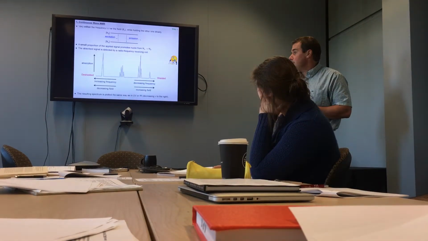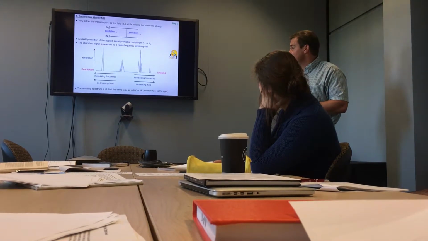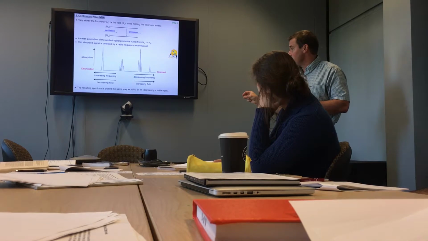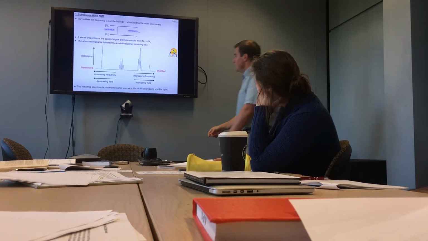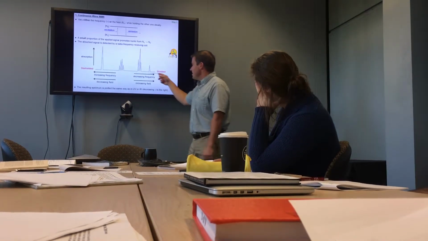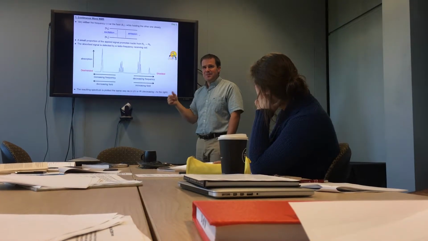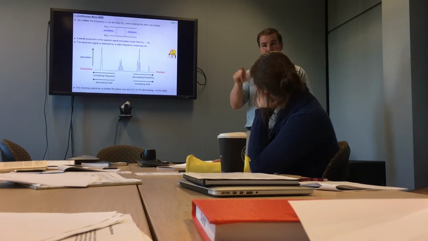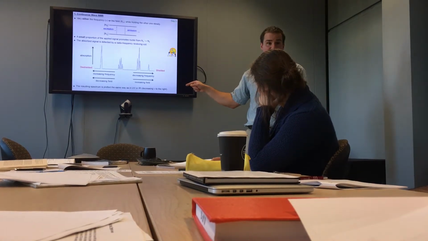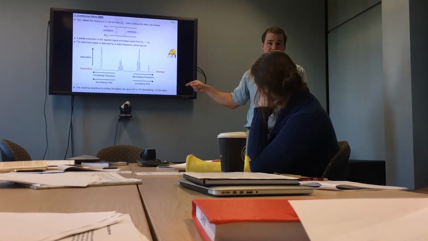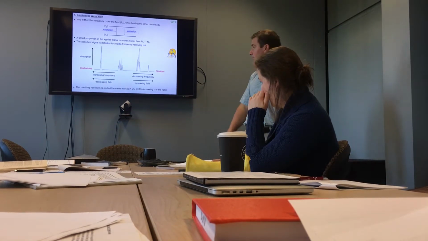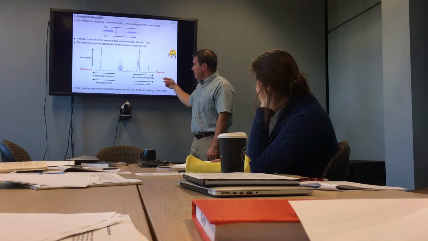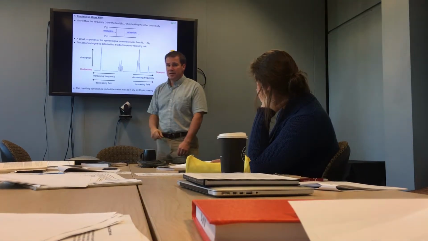Nowadays, pretty much everybody plots the NMR spectrum the same way that you would plot a UV-Vis spectrum, the same way that you would plot an infrared spectrum, which means that you decrease frequency as you move to the right. If that seems backwards to you, shouldn't necessarily. Think about how you plot a UV-Vis. You always plot in terms of increasing wavelength, so decreasing frequency as you move to the right. So decreasing frequency goes this way, increasing frequency goes that way.